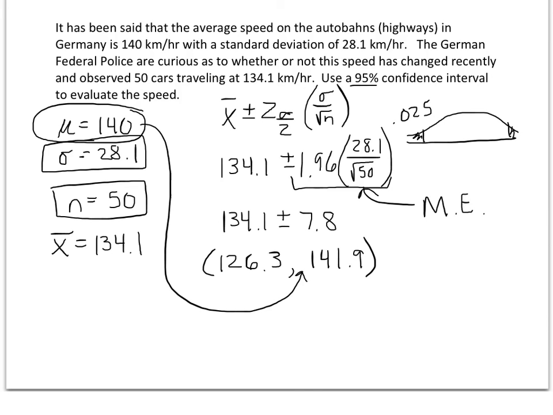Well, they're checking that. So from our 95% confidence interval, we're able to say that this doesn't support the idea that the speed has changed, because 140 could still possibly be the average because it falls inside my interval. So this interval does not support the idea that the speed has changed recently.